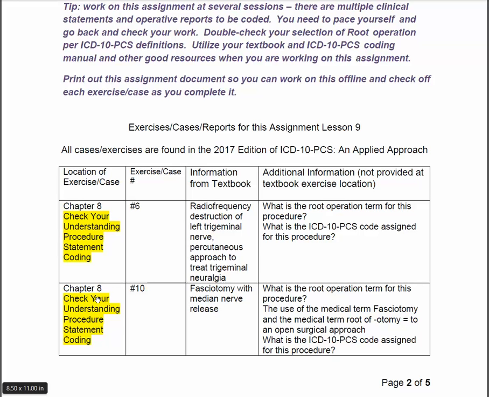The terminology reads fasciotomy with median nerve release. What does all this mean? The use of the term fasciotomy, and the medical term otomy, equates to an open surgical approach. And what is the root operation? What is the intention or the objective of this procedure?